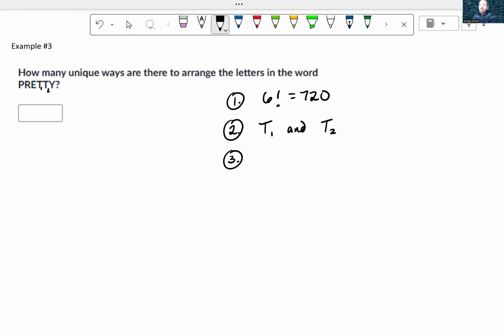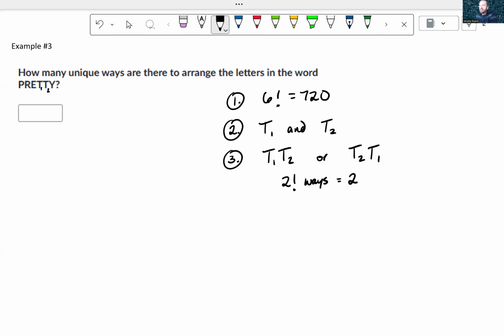Okay, we can arrange the T's. We can write them as T1, then T2, or we can write it as T2, then T1. So there's 2 factorial ways, or 2 ways that we can arrange these. In this case, we want to know how we can arrange the letters in the word pretty, so it's still going to spell the word pretty.